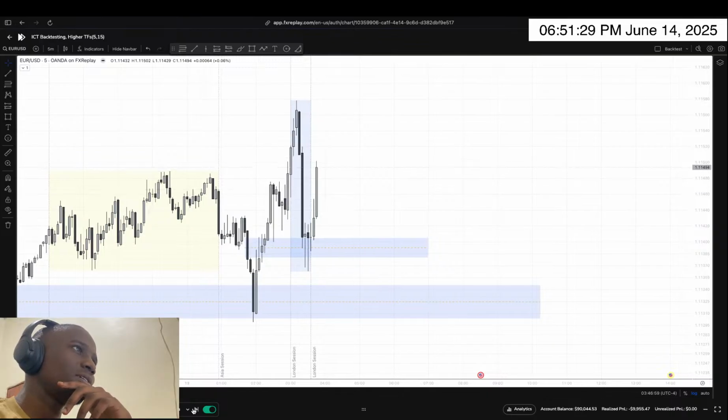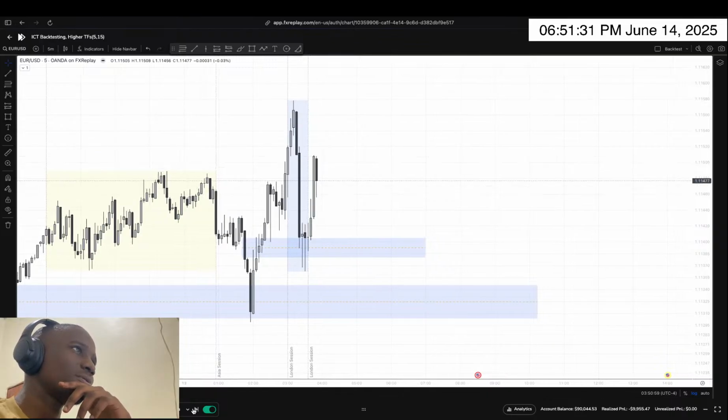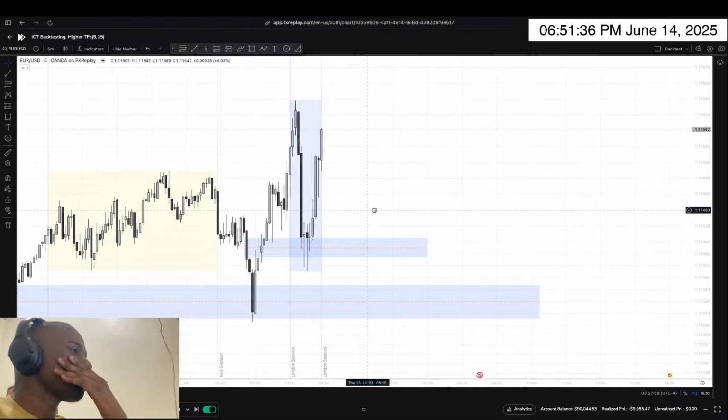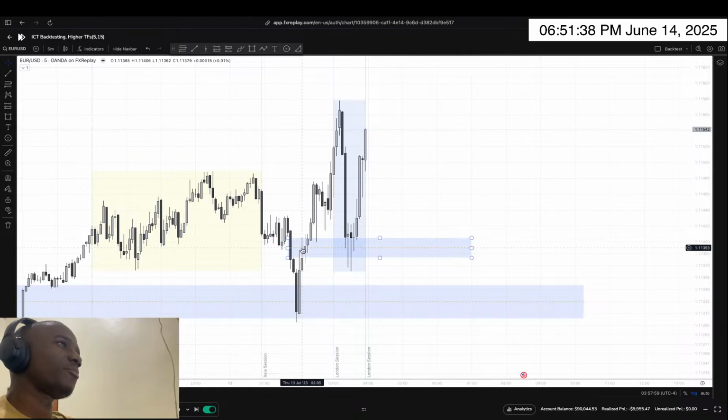Whoa, these are some crazy moves though. Didn't expect this move in London. Anyways, you can see how the market pushed higher, then dropped nicely into this inversion, and on the first candle of the inversion, no candle trespassed right there, and it continued to push higher.